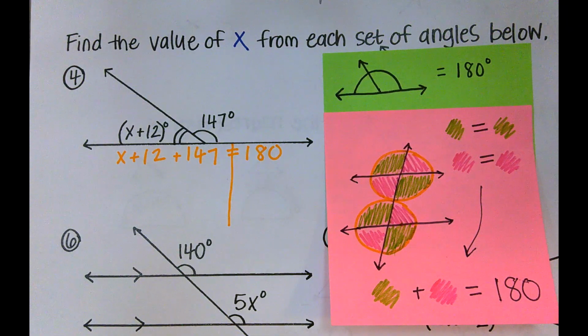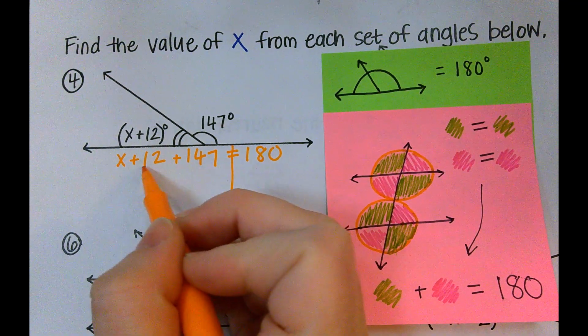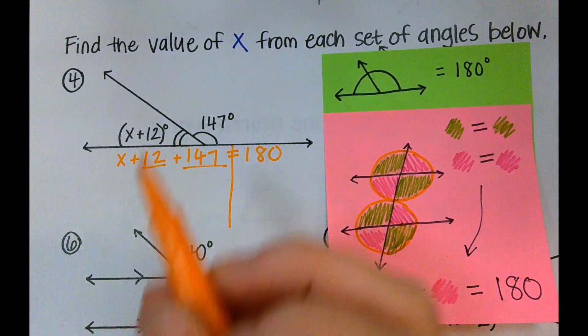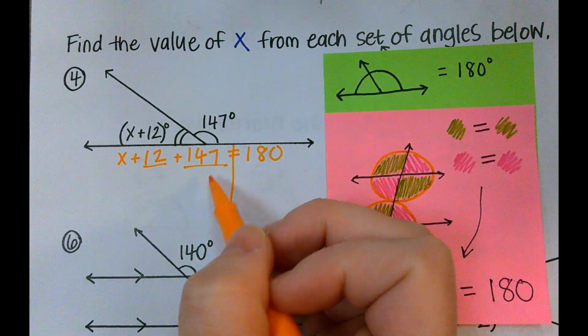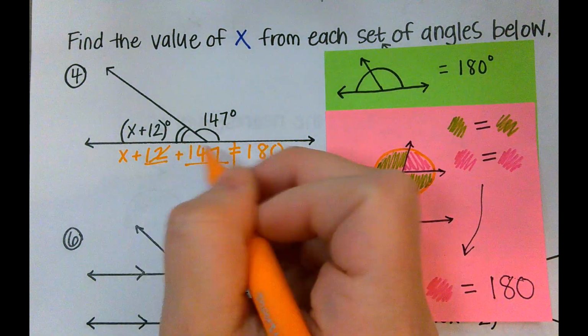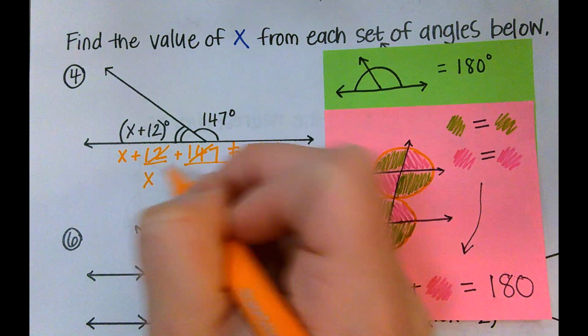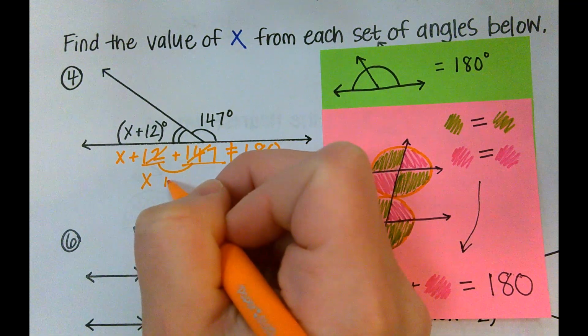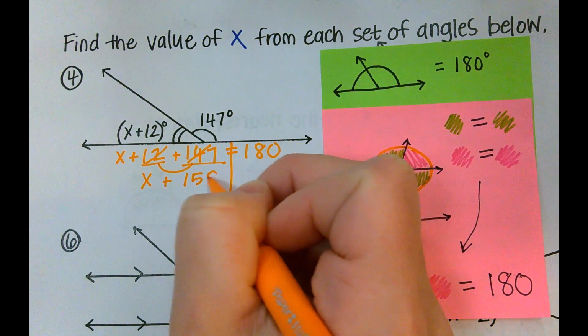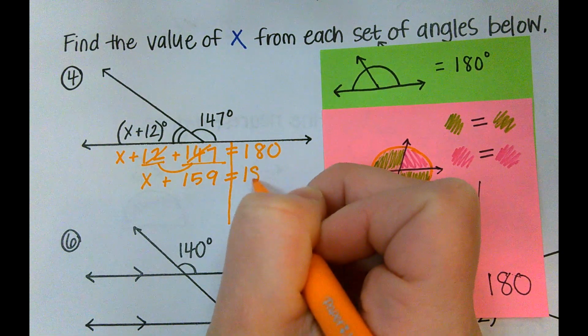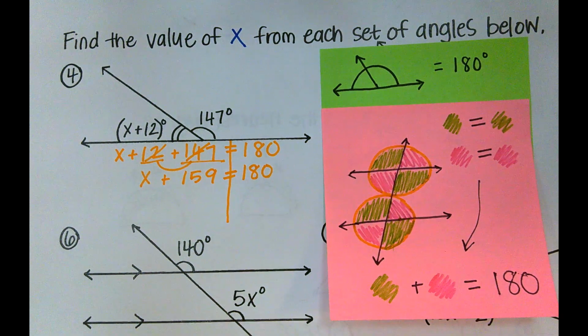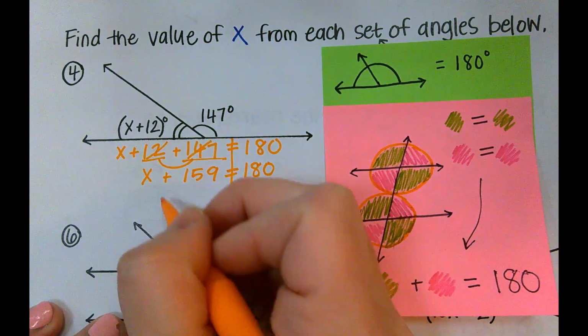Now that my equation is written, how can I solve it? You add your like terms. Yeah, let's combine like terms. 12 and 147. What do we get? 159. So I'll bring that down. X plus 159 equals 180. And then you subtract the 159 from both sides. Good.